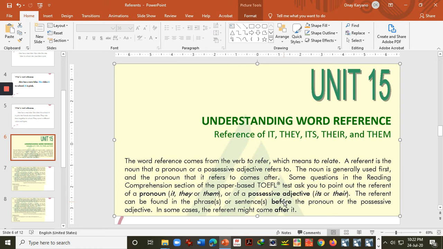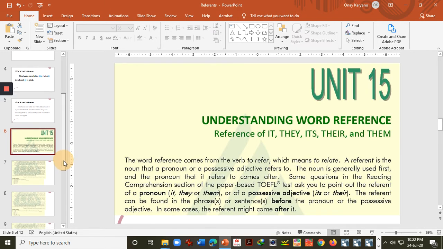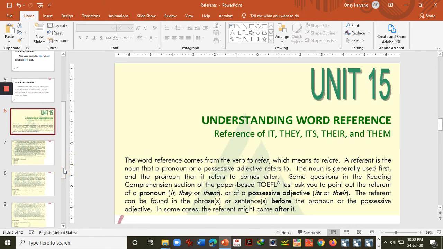Jadi automatically the strategy that we can apply is that we will have to read the whole sentence. Jadi kita baca kalimat seluruhnya yang mengandung kata it atau they itu, dan kemudian kita coba cari tahu kira-kira kata mana yang digantikan oleh kata itu.